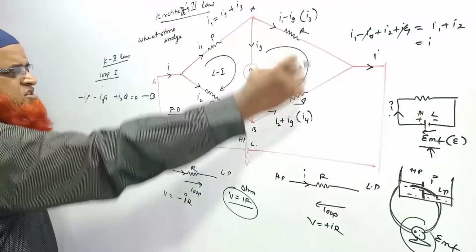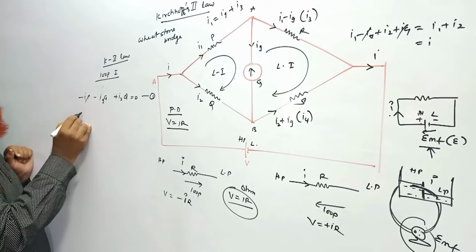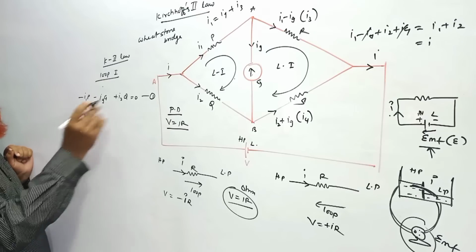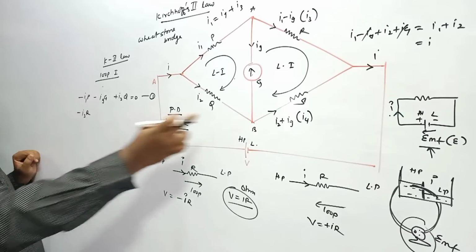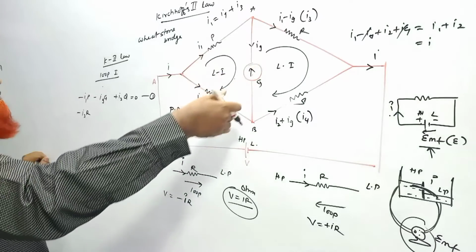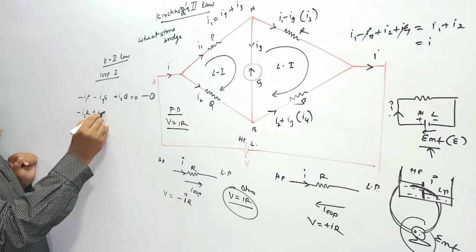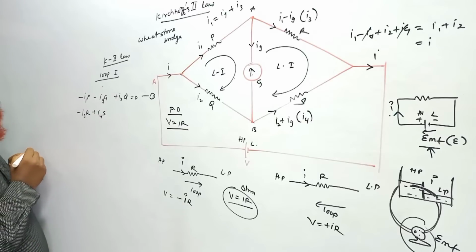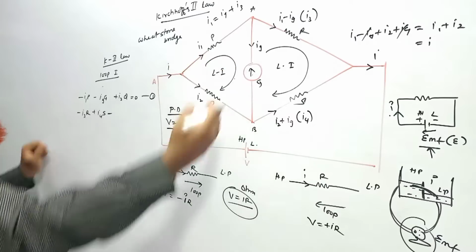Next, can you tell me the equation for this circuit? Tell me. Minus I3 into R. This is the opposite direction, current and loop in the opposite direction. Plus I4 into S. And this is also in the opposite direction.